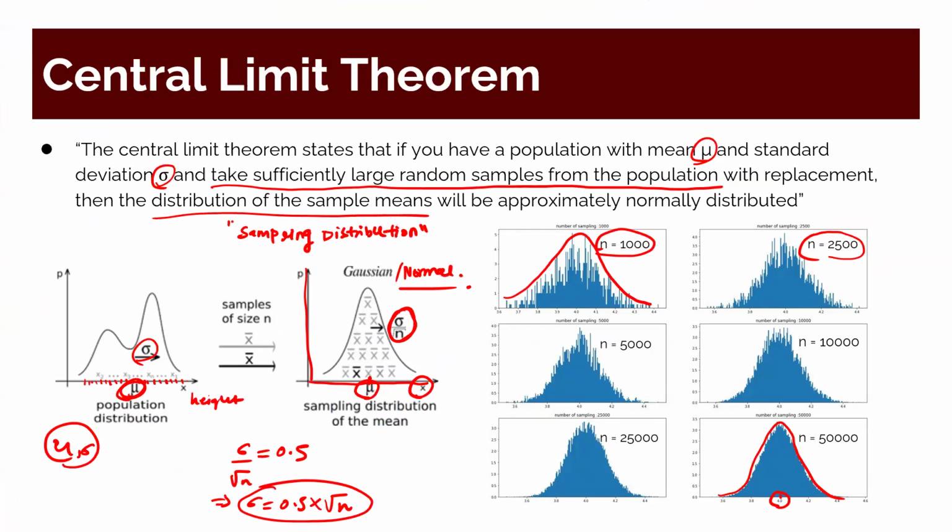So even if you don't know what the mean and the standard deviation of your population is, you can use central limit theorem. You can take large enough samples, use this sampling distribution, and find out the unknown things in your population. Okay. Does that make sense? Any questions on this? Okay.